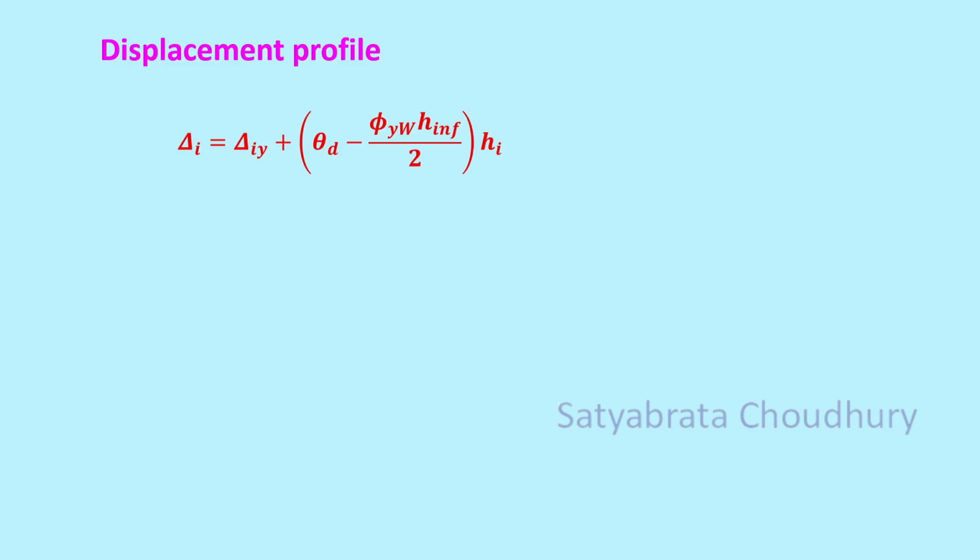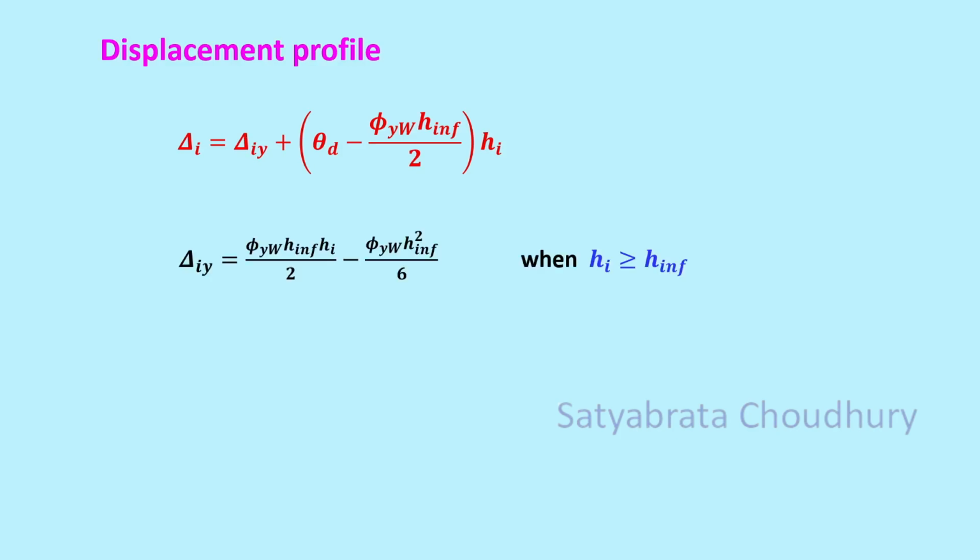Theta d is your design displacement in fractional value. Phi yw is the yield curvature of the wall. So for that appropriate expressions are available. Hinf is the inflection height of the wall that we have calculated in the previous video PPT 14, and Hi is the height of that floor from the base of the building.